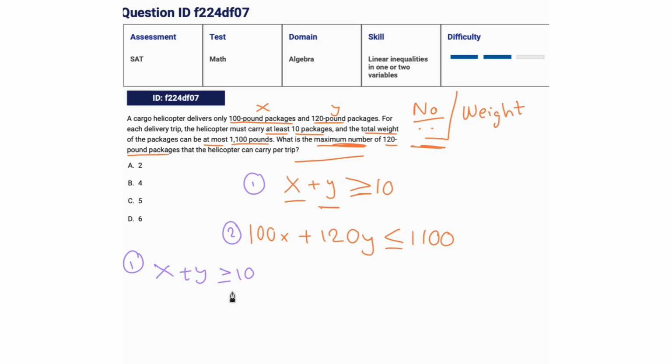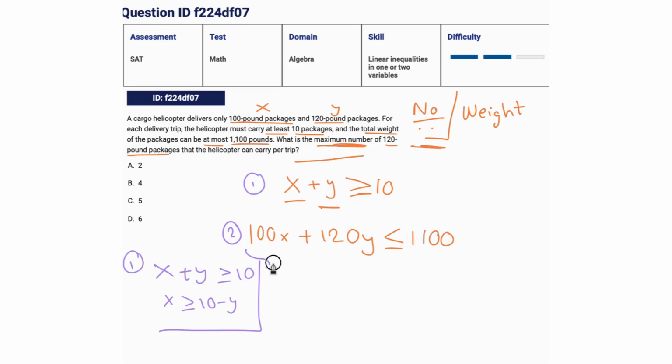Because if I send this to the other side, I'll be substituting x here, right? I'll just show you. You'll understand. x is greater than or equal to 10 minus y. Okay, so that's pretty much it for this one. Now you'll understand why I chose to send y to the other side.